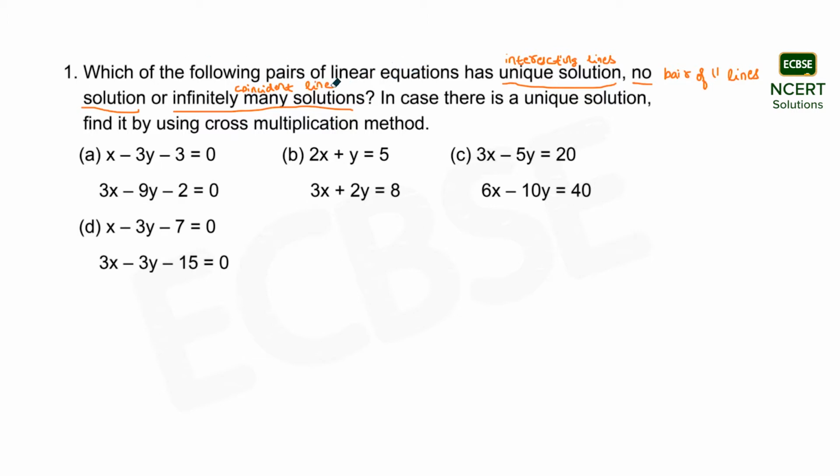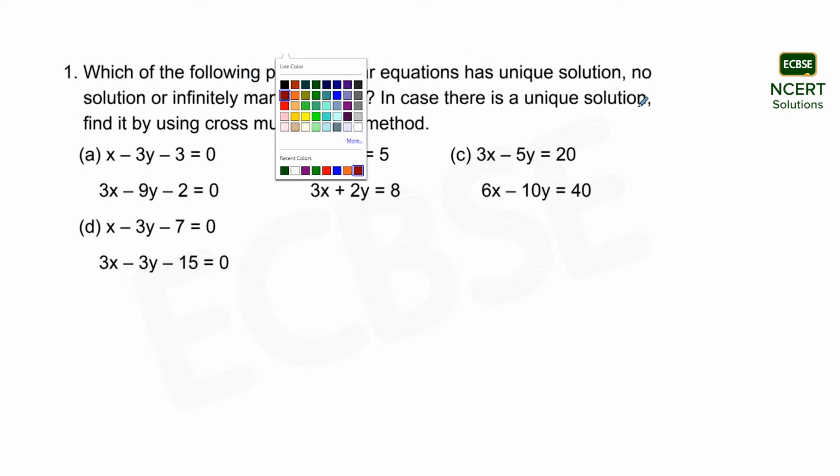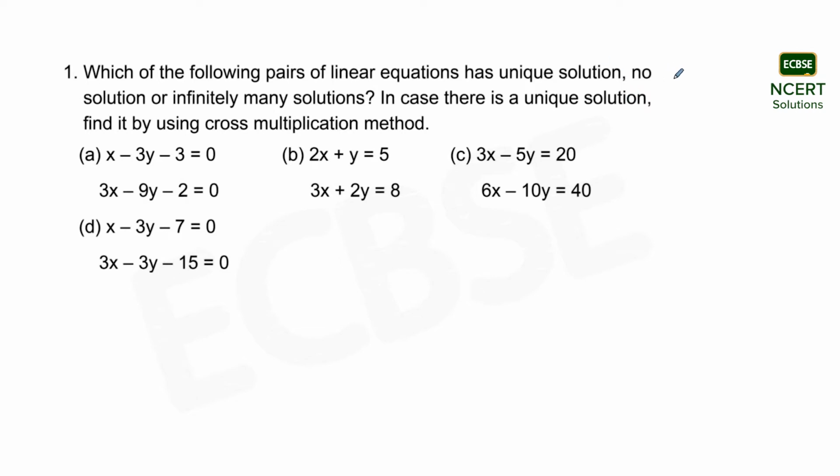So before doing this question, let us see what the unique solution condition says. Linear equations are said to have a unique solution, or we can say lines are said to be intersecting lines, only and only if a1 by a2 is not equal to b1 by b2.